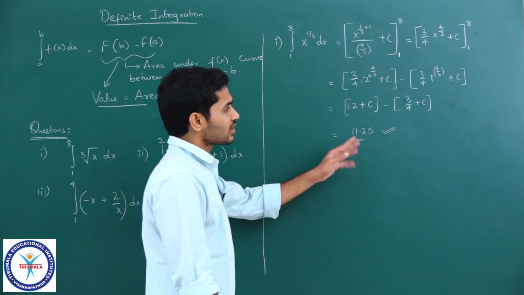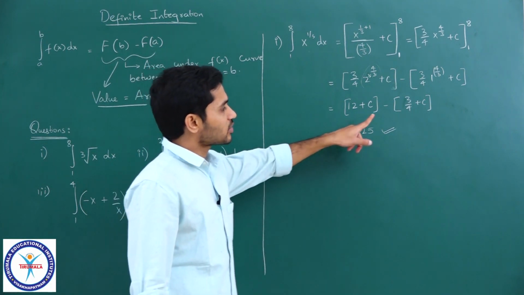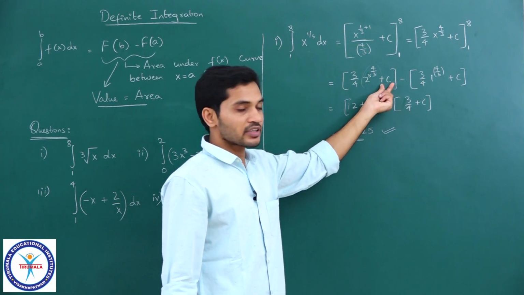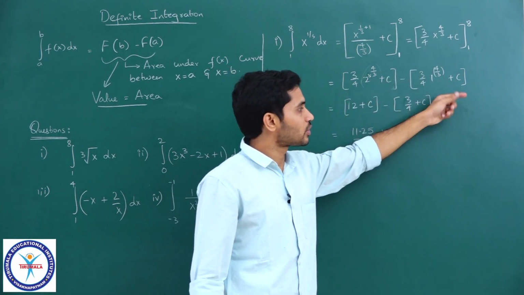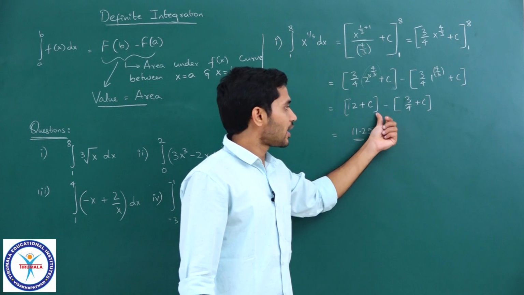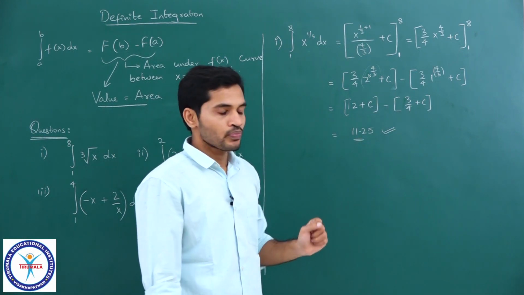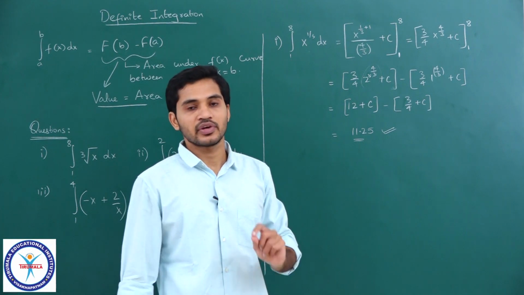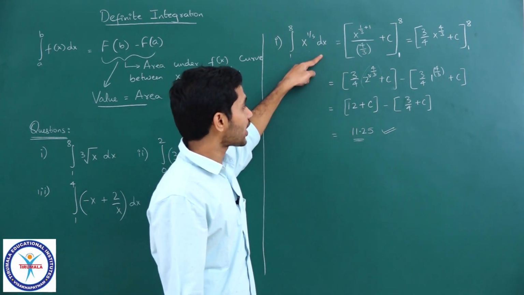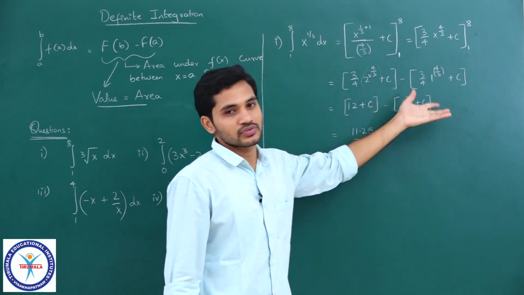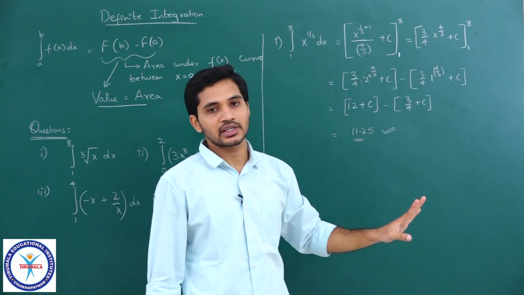Clear? So, one thing you should observe here is that when I substitute the upper limit, the constant term will be there. When I substitute the lower limit, also the constant term will be there, and when I subtract, the constant term will eventually get cancelled, right. So, whenever you know that you are going to find the definite integral, you do not have to write the constant, because we know that eventually that is going to get cancelled out, right.